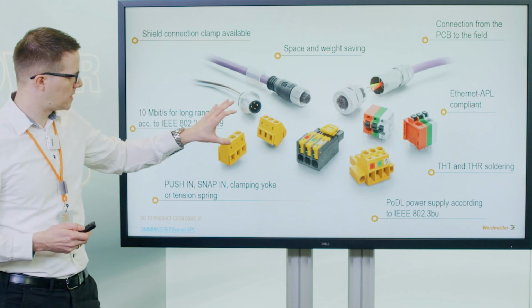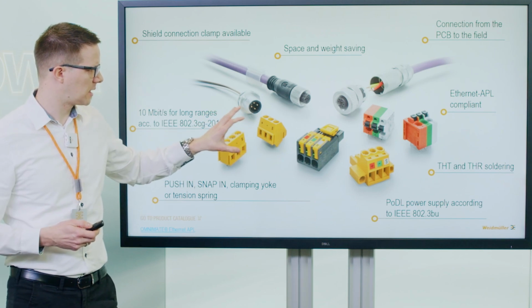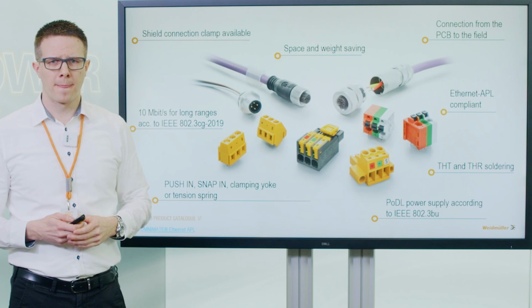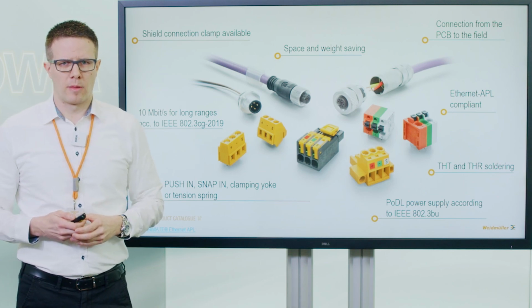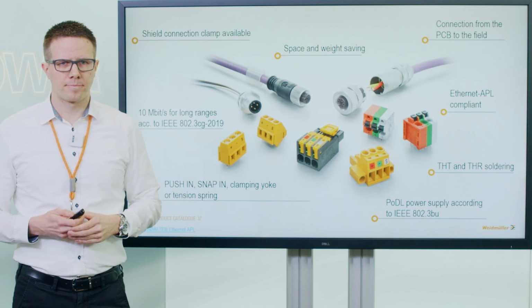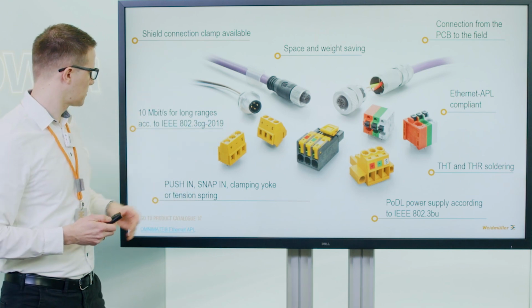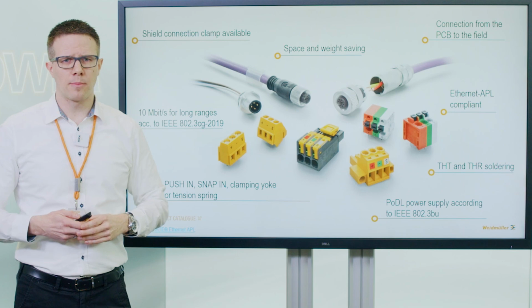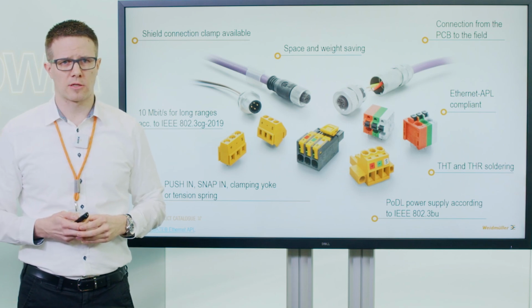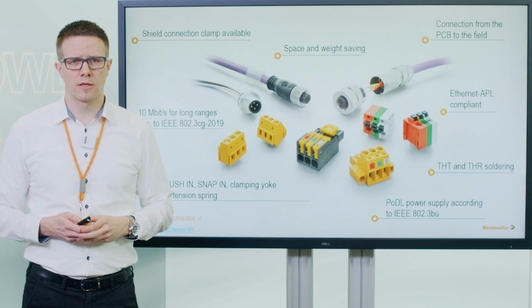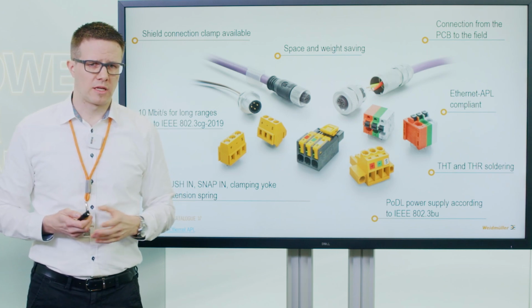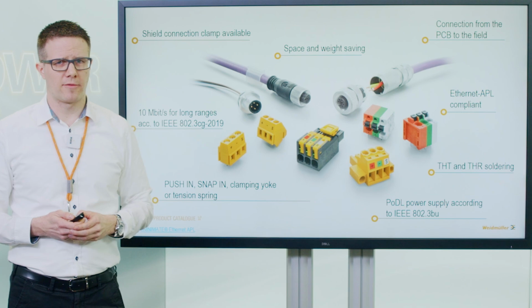We have for the PCB different soldering technologies like THT and THR soldering, and all components also supply the PoDL, the power supply over the data line. Regarding the terminals, we have the push-in, snap-in, and the clamping yoke, or the tension spring connection. All components support 10 megabit per second, and we can see they are really space and weight saving.